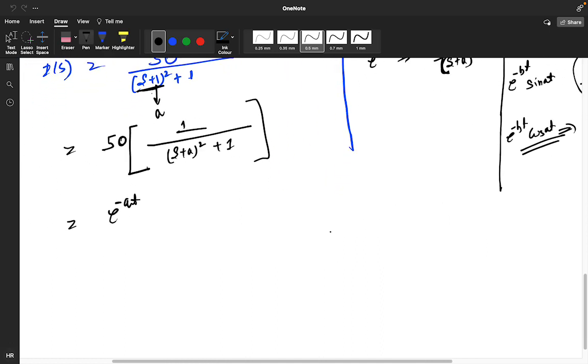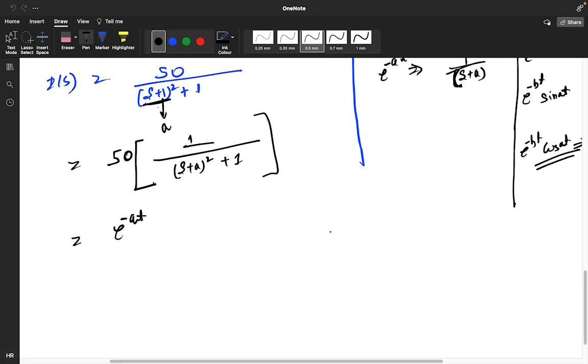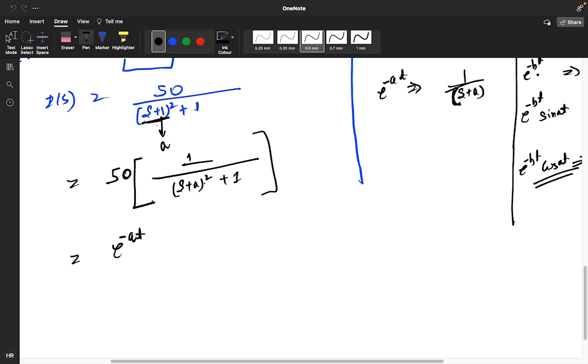So I'm getting this function. This function means this is your a, e power minus at sine bt. I am assuming b is my this one. And 50 is common. So what will I get? 50 e power minus a is what?